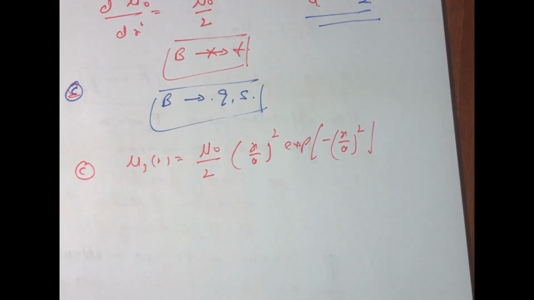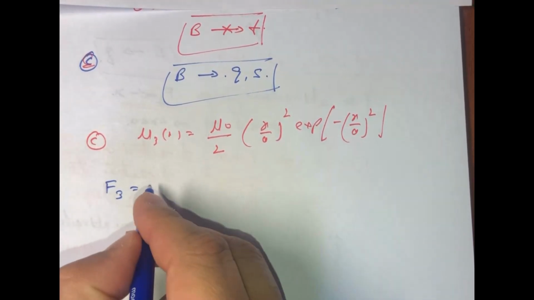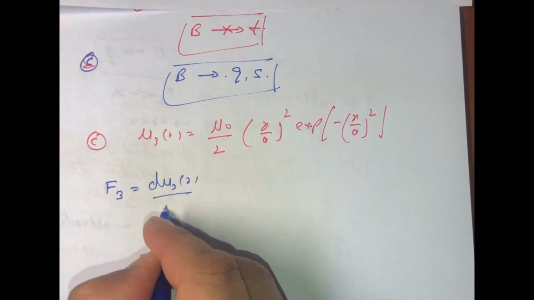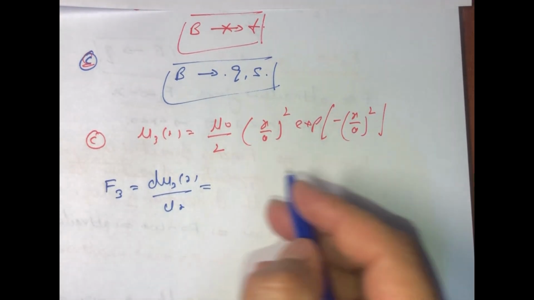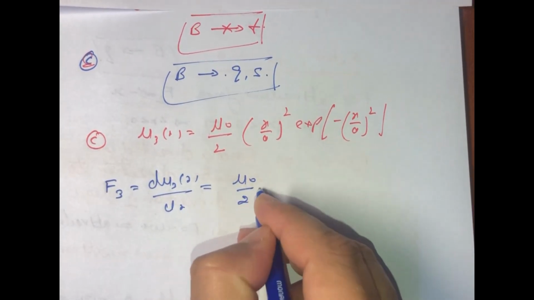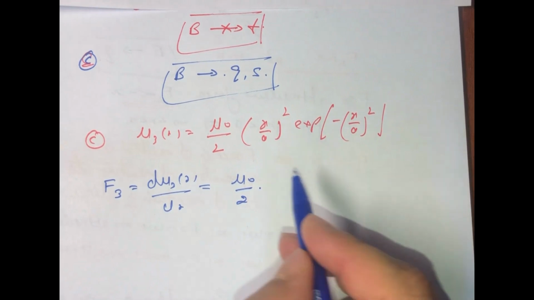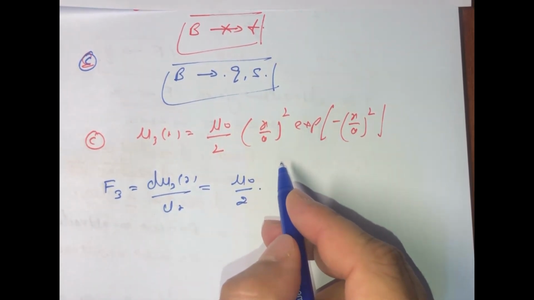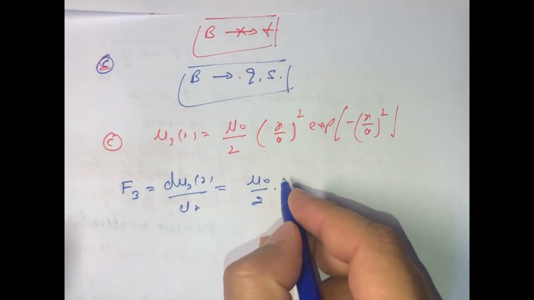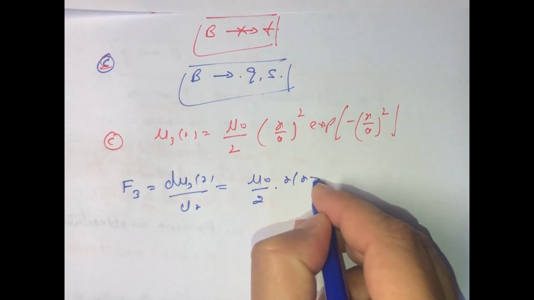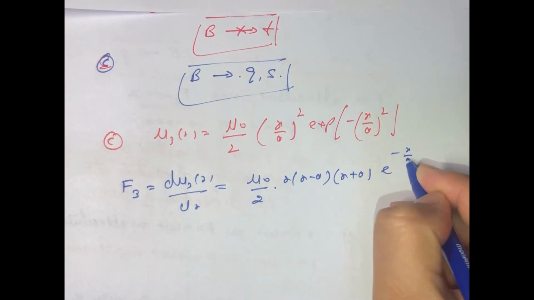And once again, we are going to find out the force F. Let us call that F3, which is equal to derivative of u3 x divided by dx, and this derivative will be coming as u0 upon 2, we have this as, it will be coming as x minus a, x plus a, and e raised to power minus x upon a whole square.